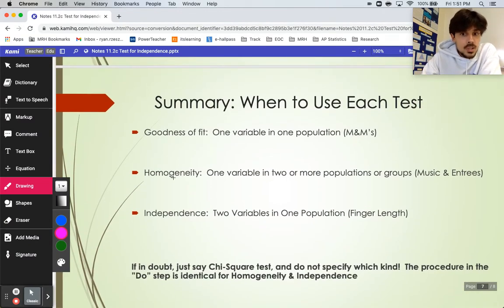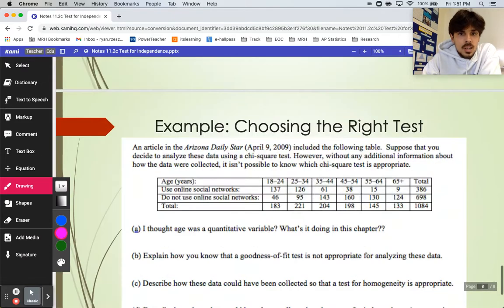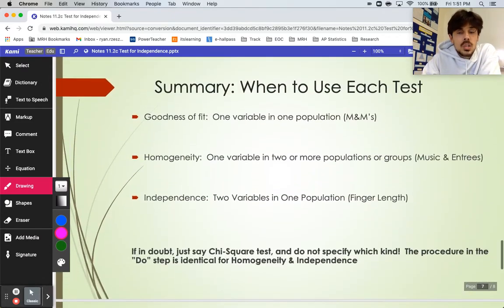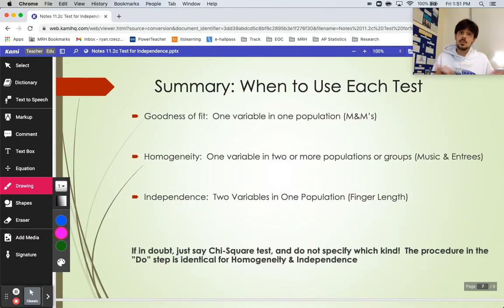So the last thing we need to talk about here is practicing with how you know which chi-square test to use, because now we have 3 of them. Goodness of fit, as I've said several times, is when you have one variable, like our M&M problem. Homogeneity is a 2-variable problem. You do have your 2 different categorical variables, but you have different groups, either different samples, or you did an experiment and you put them in different piles.